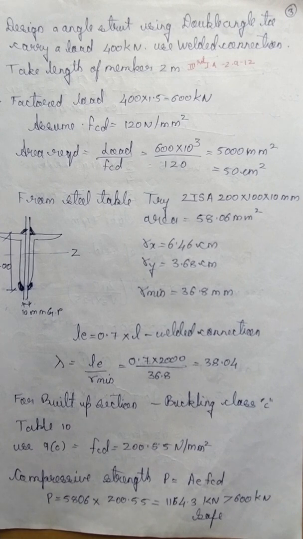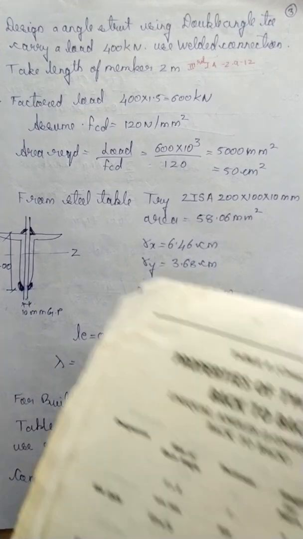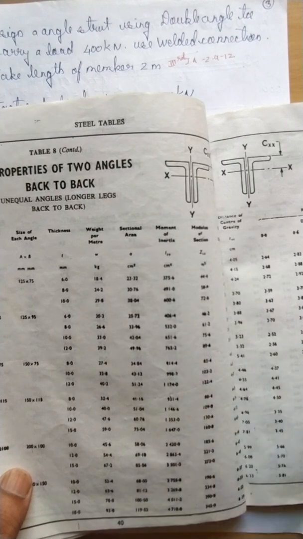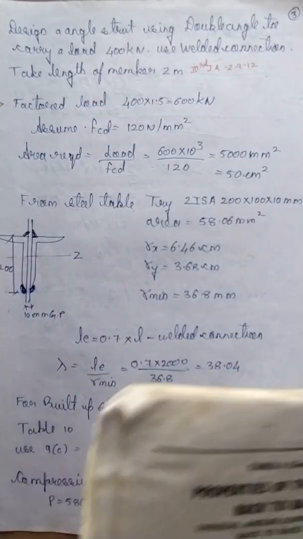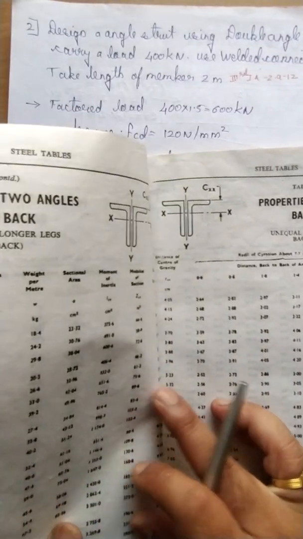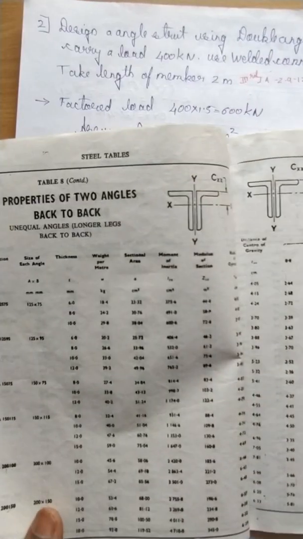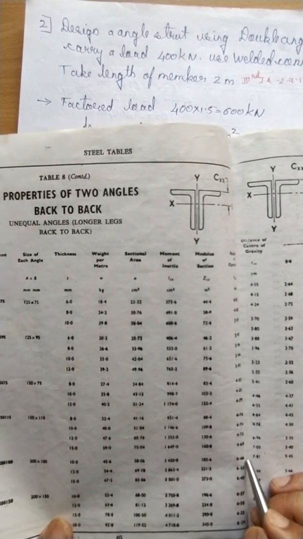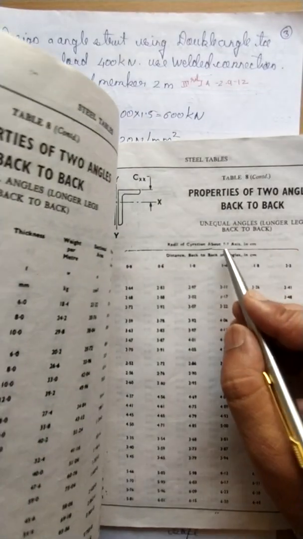Now let us try an angle of 200 by 100 by 10. As you can see from the steel table, the sectional area is working out to 58.06 and our required area is 50, and the RXX and RYY values we shall note. So RXX for this you can see is working out to be 6.46 and RYY is here.